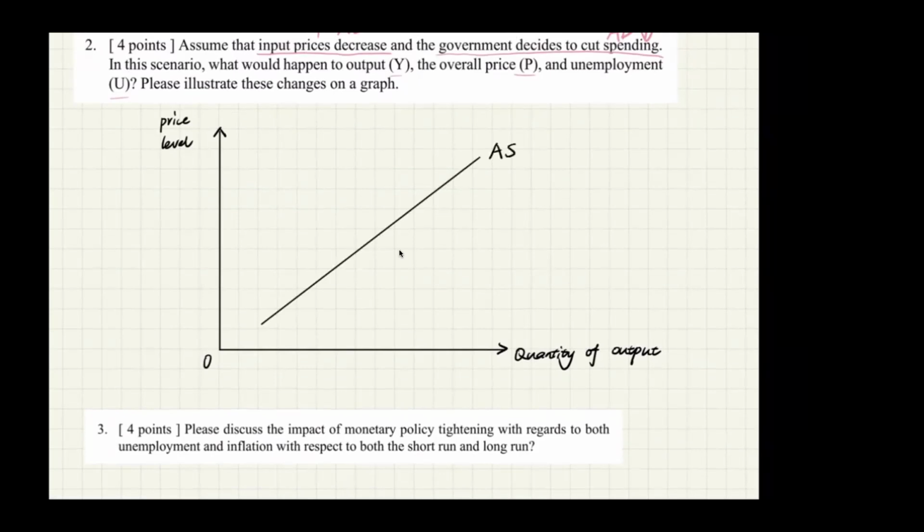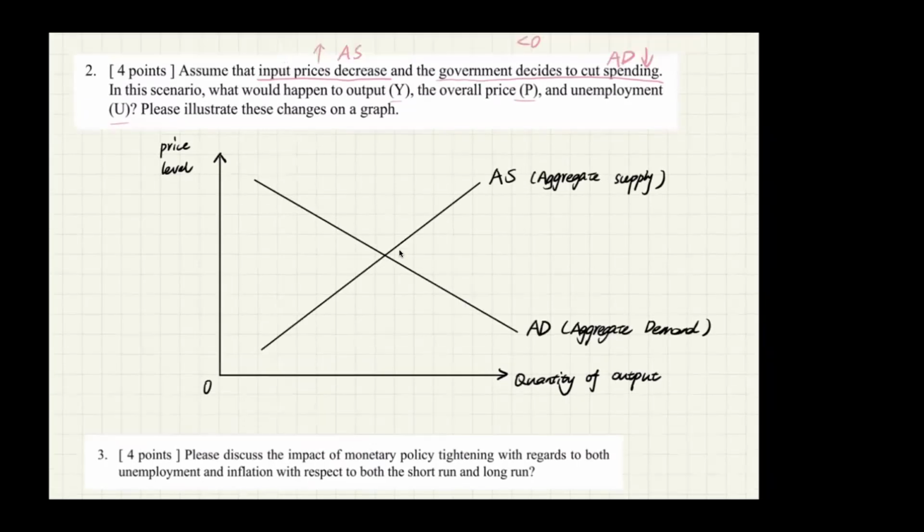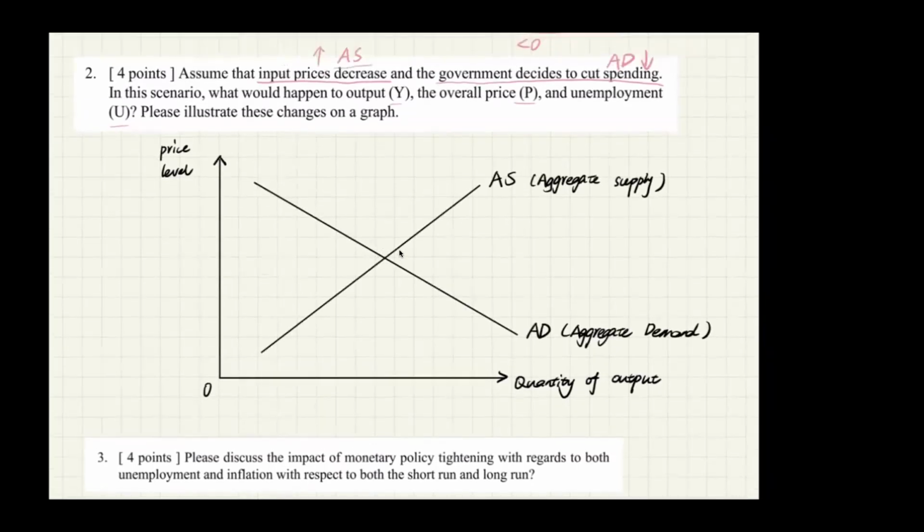And then the initial aggregate supply here, and the initial aggregate demand here. As we analyzed this problem before, the aggregate supply would increase, right?